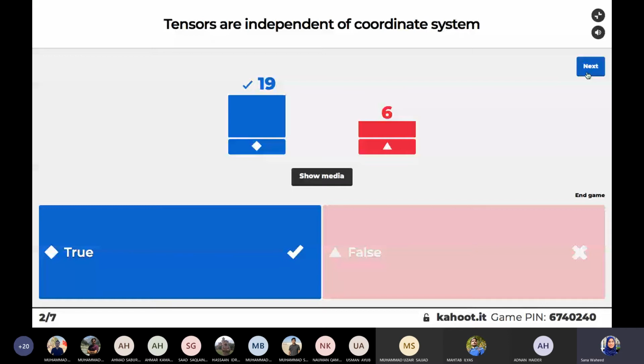Okay, so this question is a multi-select. There are more than one correct answer.